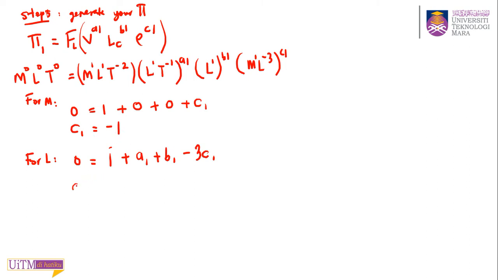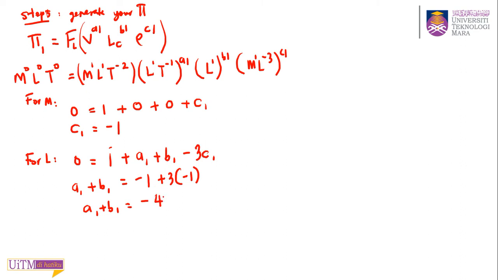Okay, now because you know C1 is minus 1, you can write this as A1 plus B1 will equal to, you bring this to the left hand side, 1 becomes minus 1, this will be plus 3 C1, and C1 is minus 1, so this will be plus 3, I just write so we can see it clearly, plus 3 times minus 1, so this will be A1 plus B1 equal to minus 4.